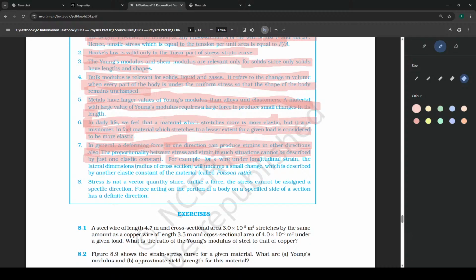For example, for a wire under a longitudinal stress, the lateral dimensions, radius or cross section, will undergo a small change, which is described by another elastic constant of the material called Poisson's ratio. Stress is not a vector quantity, since unlike a force, the stress cannot be assigned a specific direction. A force acting on a portion of a body on a specific side of a section has a definite direction.